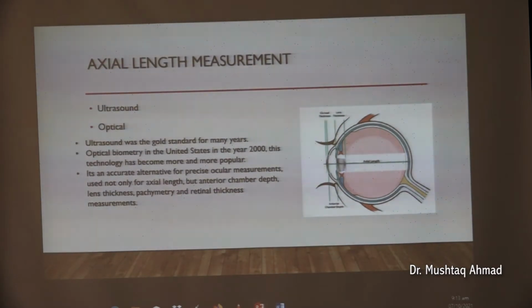It's an accurate alternative for precise ocular measurement, used not only for axial length but also anterior chamber depth, lens thickness, pachymetry, and retinal thickness measurement. When you take all these parameters, they give a precise intraocular lens calculation.